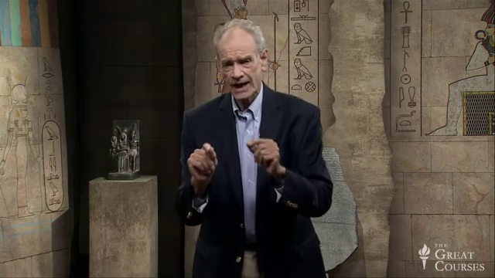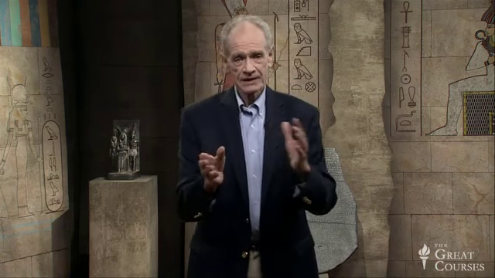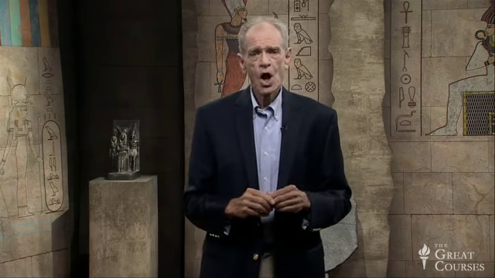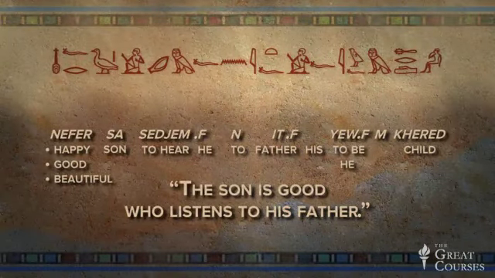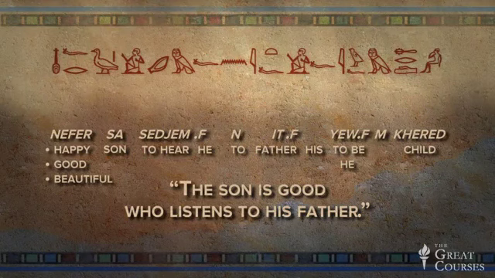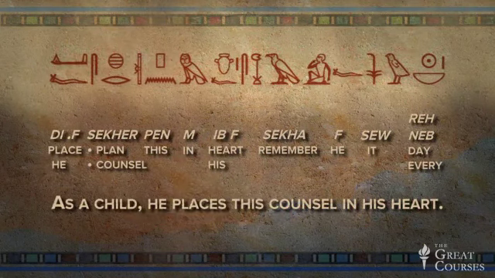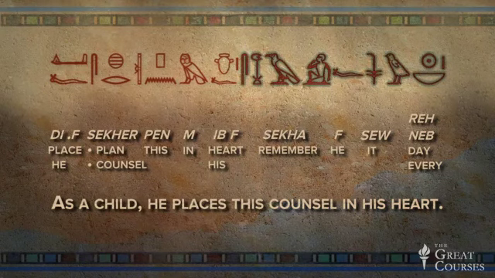The advice or counsel must be at the beginning of the sentence. Put it in quotations like a maxim, and it'll make sense. The son is good who listens to his father, in quotes. That's the counsel or advice. Next, we're told, as a child, he places this counsel in his heart. Now for our next sentence.